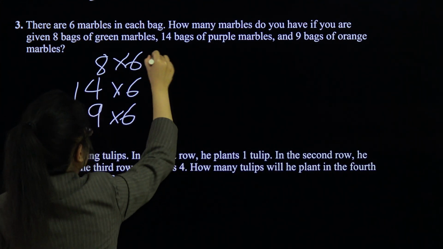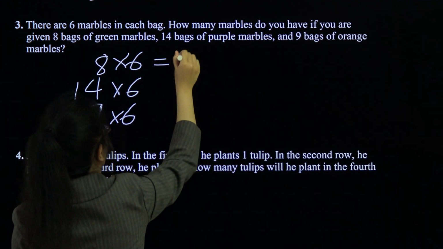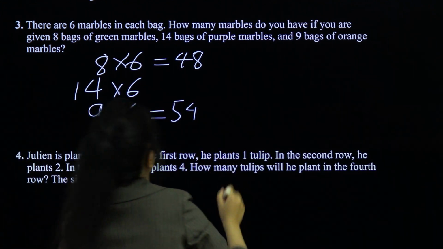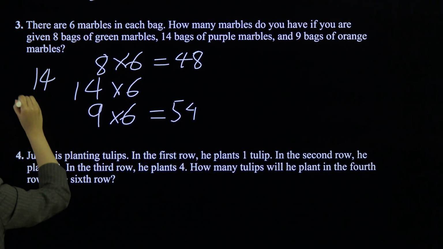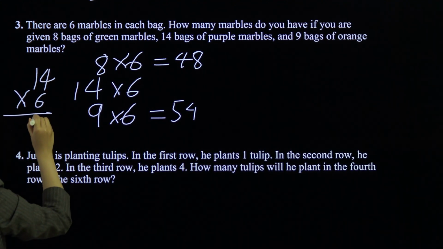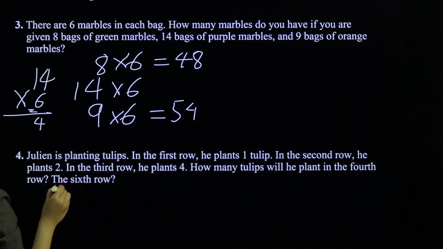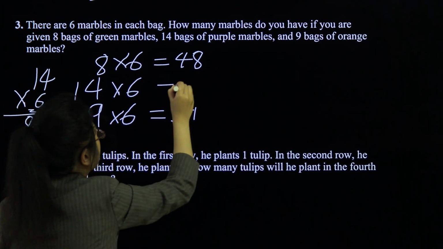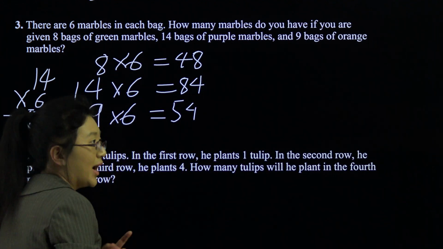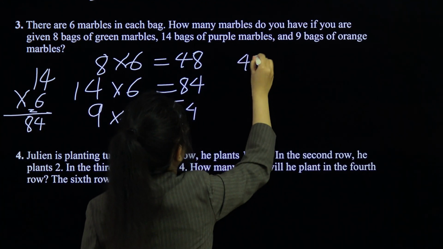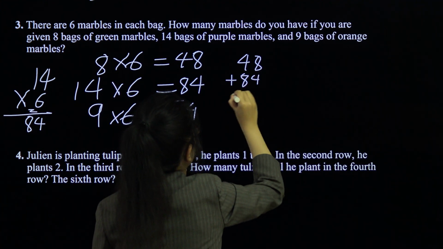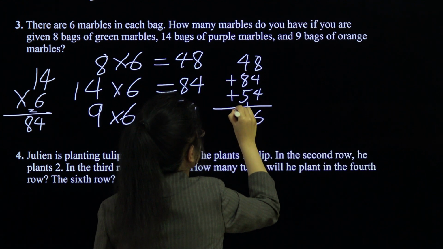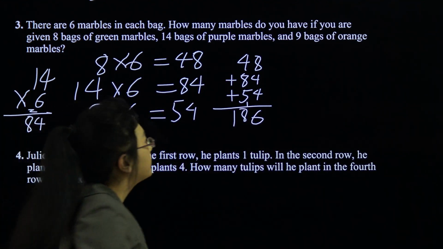Well then, 8 times 6 is 48, 9 times 6 is 54, and 14 times 6 is 6 times 4, 24, you regroup, and then 6 times 1, 6, plus 2, 84. You add these all up, you get 186 marbles.